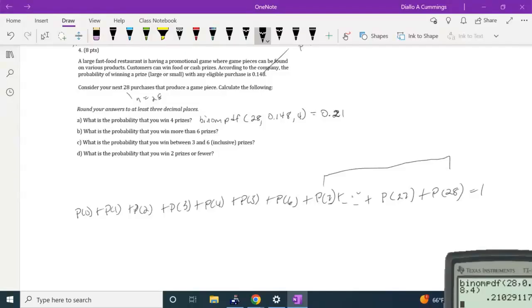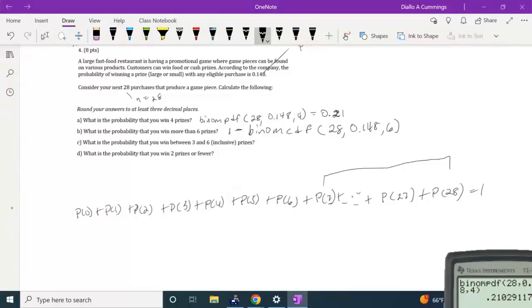Since we're finding the probability to the right, we have to use the what? 1 minus binomial CDF. So N is 28, P is still 0.148, and this time the X value is 6, because the binomial CDF function is going to give us the probability from 6 through 0.